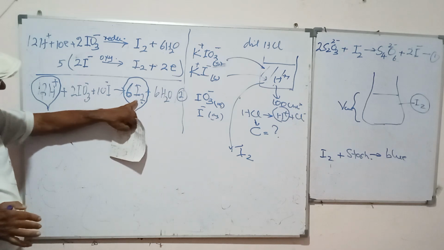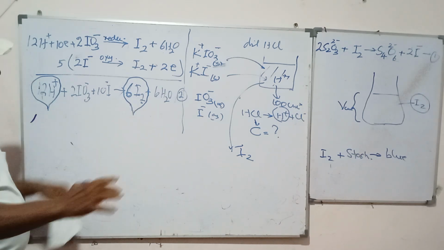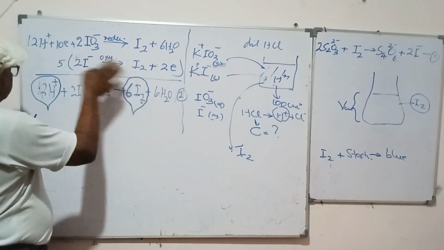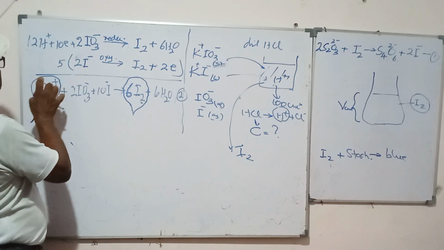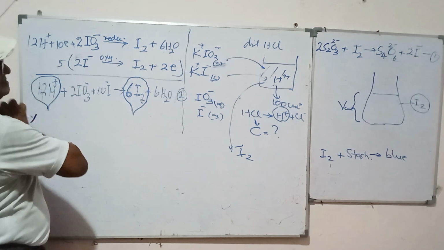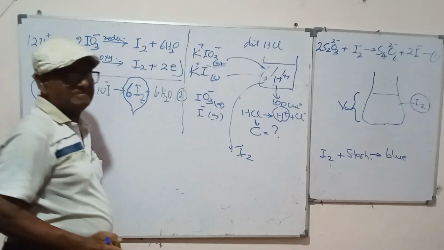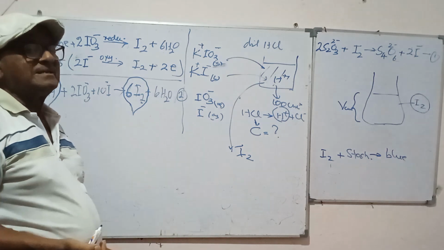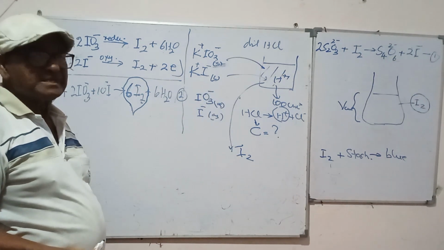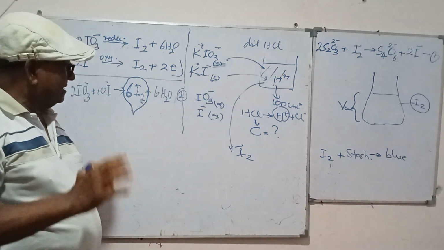Then how do we find that I2? If you know the amount of I2, it is possible to calculate the number of moles of H plus in this solution. So we can calculate the concentration of this solution, right?